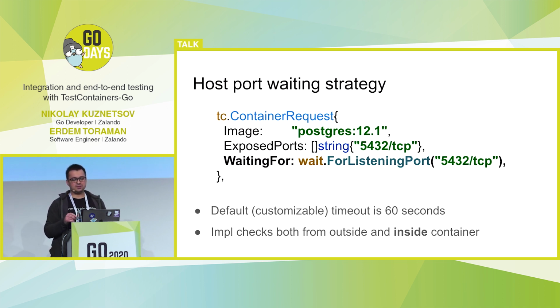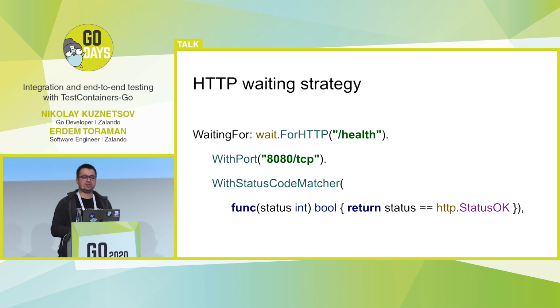Because now, when you start a Docker container, your port is open at the host environment almost immediately. So if you check just by some Linux command whether the port is open, yes, it's open immediately, but the service inside the container is still starting. So it's important also to check the port inside the container, and the library does it for you, so you don't have to care that much about it.